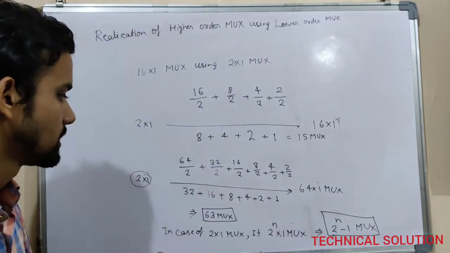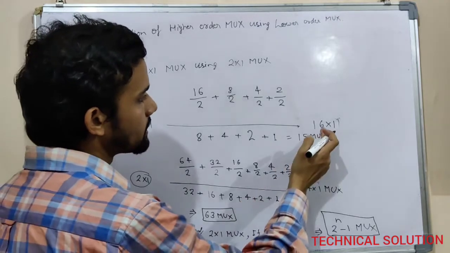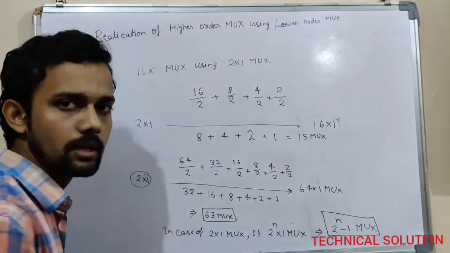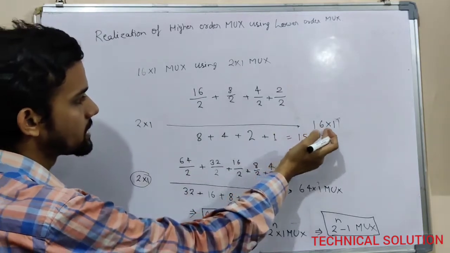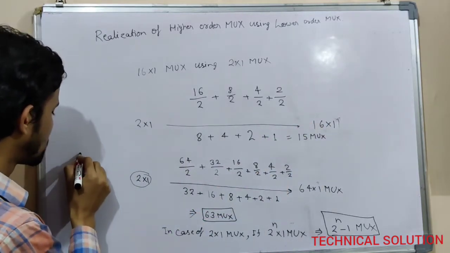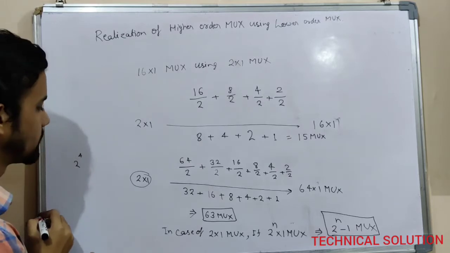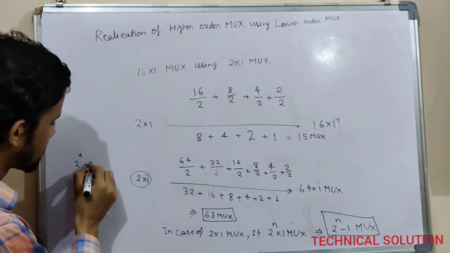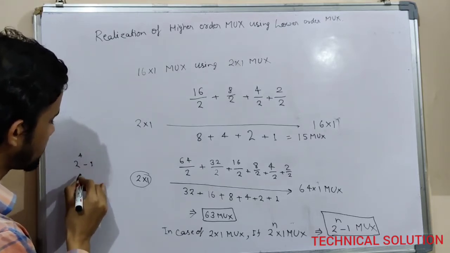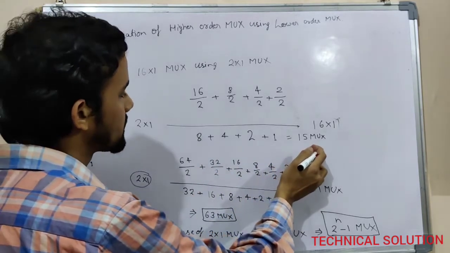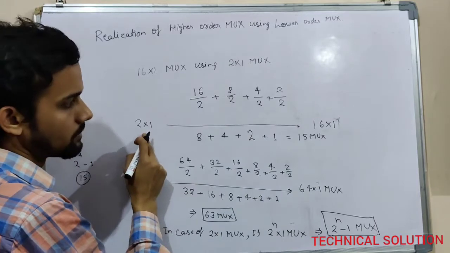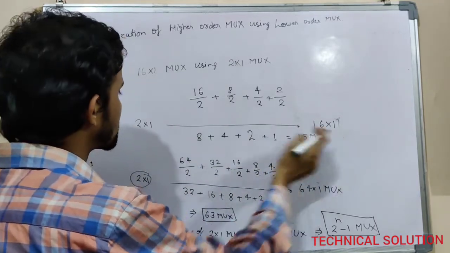That means if we want to design this 16x1 mux, that is 2^4 gives 16, if we subtract 1 from this, then we get 15 multiplexers. So 15 multiplexers are required to design this 16x1 mux using 2x1 mux.